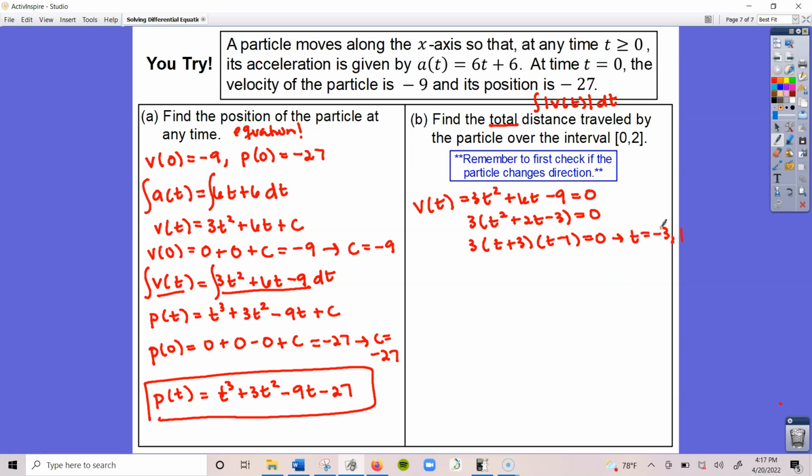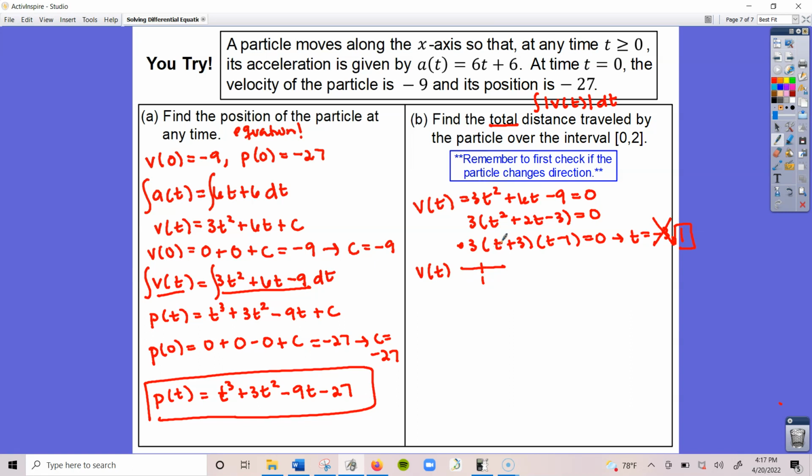Now remember, t is time, so this negative time will not affect our answer. We can discard it. The only time that I have to worry about is the 1. So we're going to check if the particle changes direction at 1. Plug in a number into velocity to the left of 1.